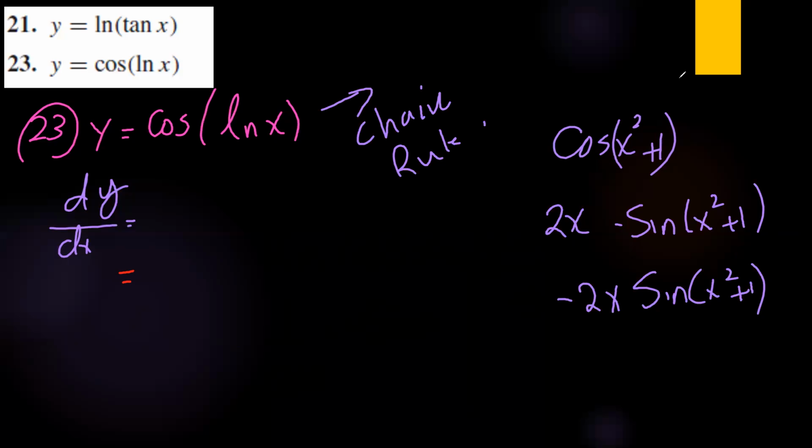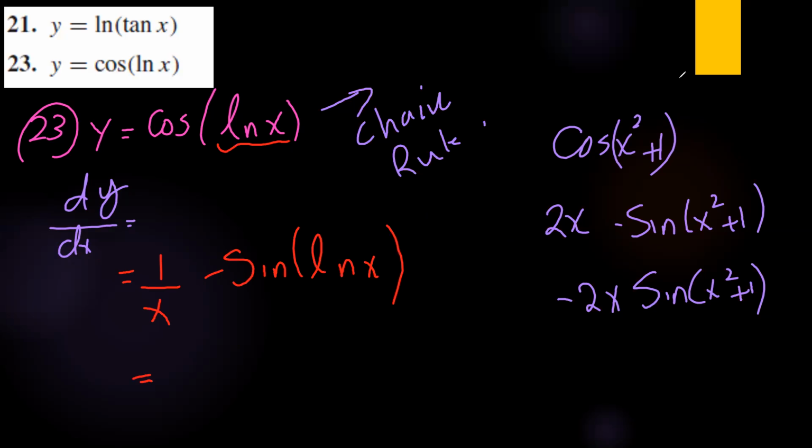So you have to find the derivative. What is inside? What is the derivative of ln x? 1 over x. Now, after I find the derivative of the inside, I have to find the derivative of the outside. What is the derivative of cosine? Negative sine. Negative sine ln x.